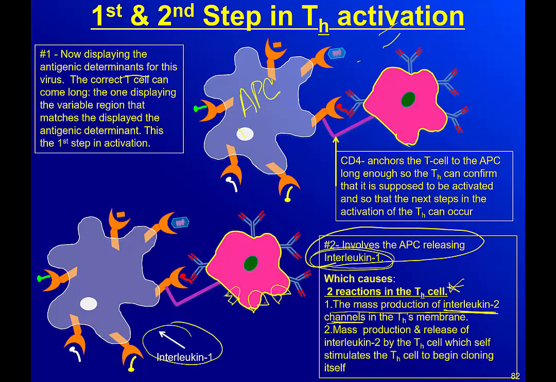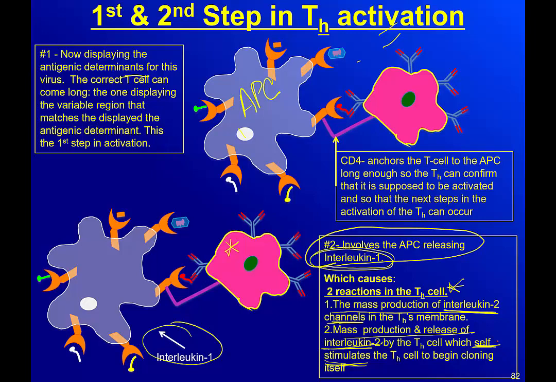Then I'm going to mass produce and release interleukin-2. Literally, the cell that's making the receptors is also making the thing that's going to bind to the receptors, interleukin-2. Now, this is self-stimulation. The helper T cell is going to begin cloning itself because interleukin-2 channels got made and then got bound to.